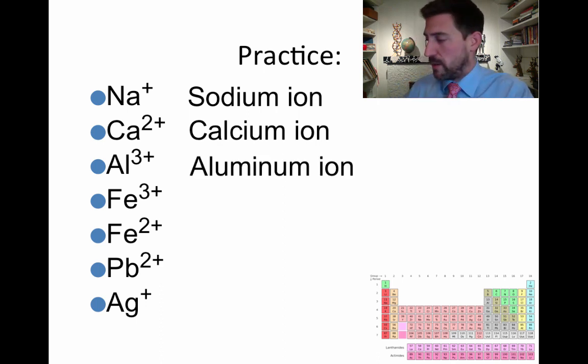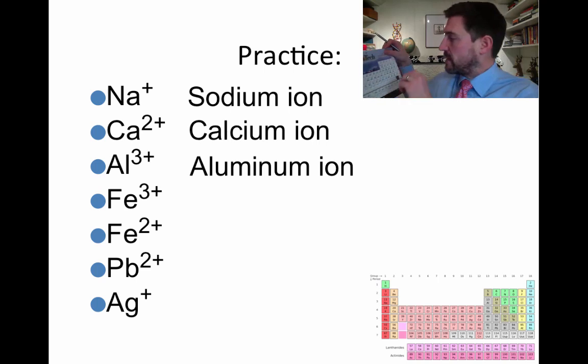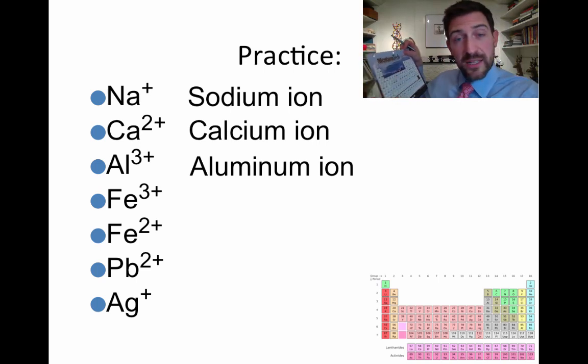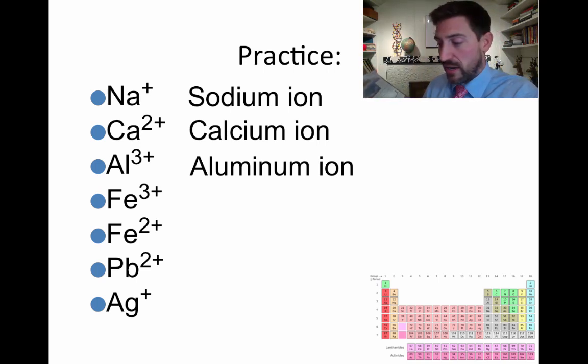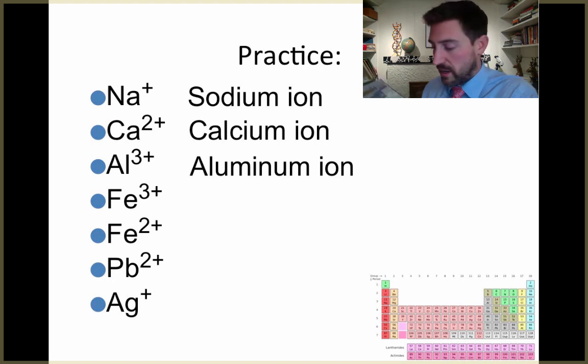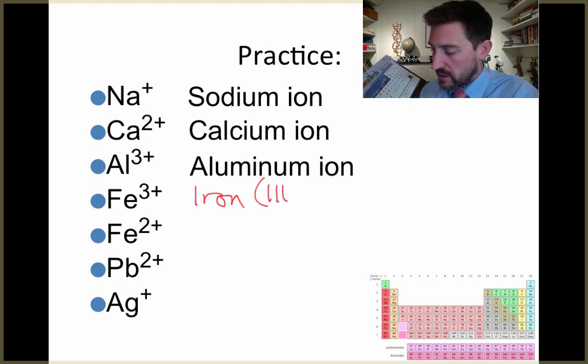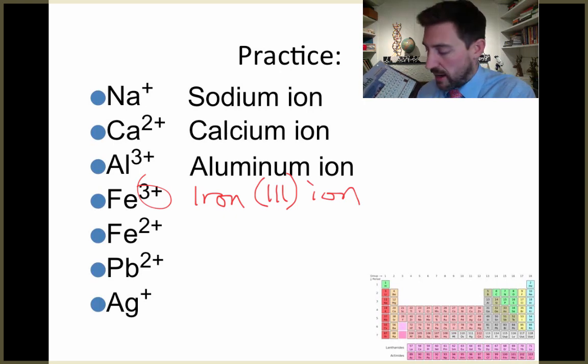It's going to be the aluminum ion. But when I get to iron and I look at iron, it says iron could have an oxidation state of 2+ or an oxidation state of 3+. So I need to say which one I'm using. And obviously, because it has a 3+ right here, it's the iron 3 ion. Down here, this is the iron 2 ion.